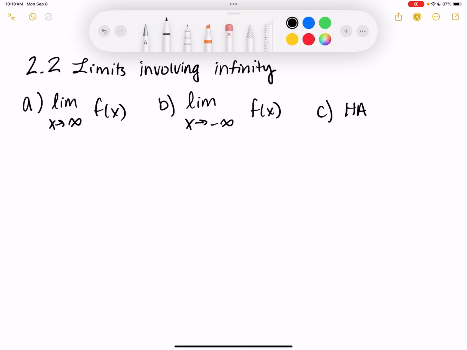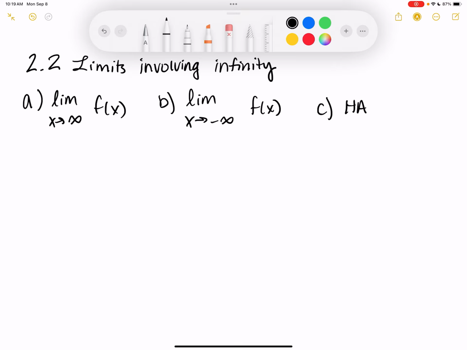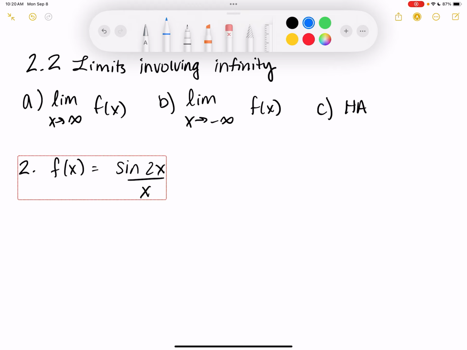So the first one is f of x is equal to the sine of 2x over x. So A, the limit as x approaches infinity of the sine of 2x over x.